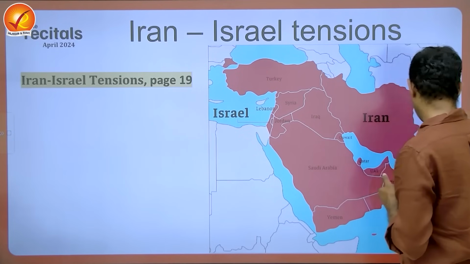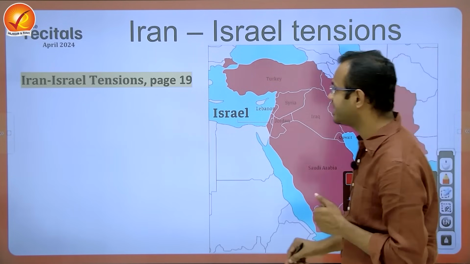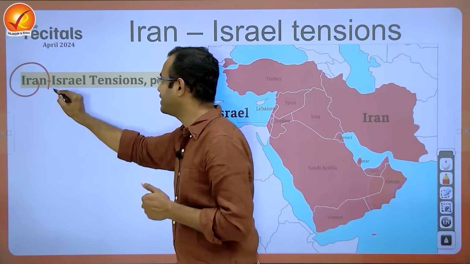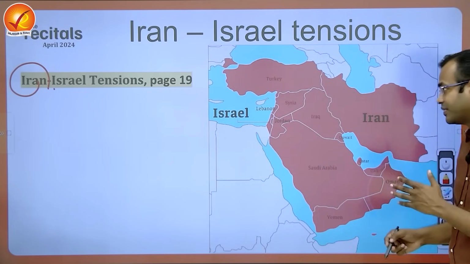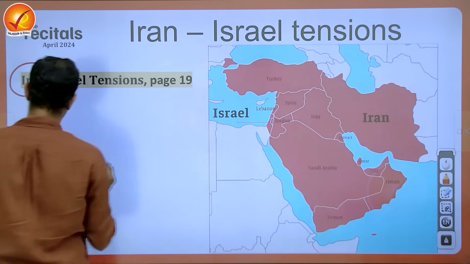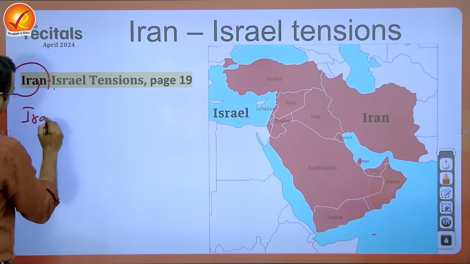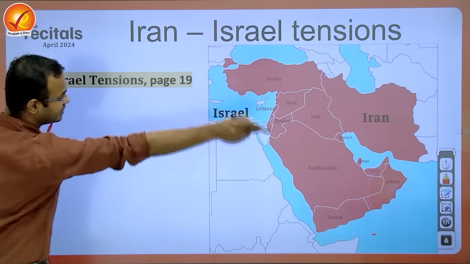Next one with respect to Iran and Israel tensions. So, we will go one after the other country. We will first see Iran and its geographical features, and then we will go on to Israel. With respect to Iran, Iran shares boundary with Iraq. We will make a circle, right?